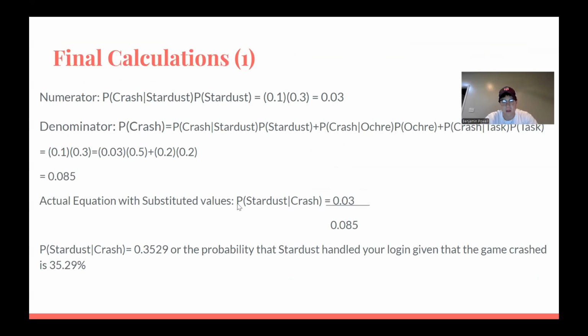So the probability that Stardust handled your login and it crashed, right? It's going to be 0.03 over 0.085, which in turn equals 0.3529. Or in simple terms, the probability that Stardust handled your login, given that the game crashed, is going to be 35.29%.